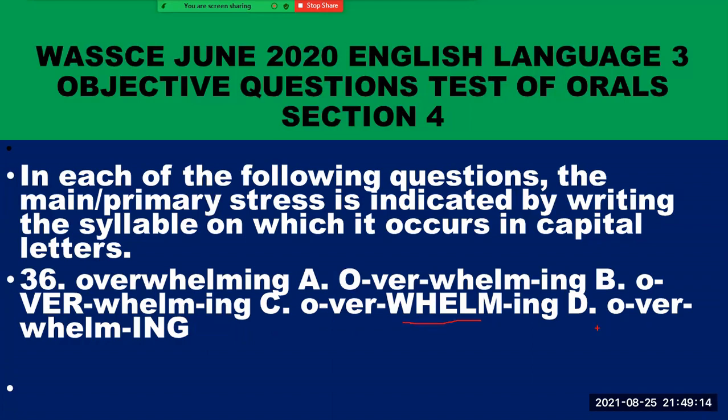Option D is completely out of it. So this is how you answer questions on stress. Of course, if you check the description section, you will find videos that give you a detailed explanation of how to answer questions on stress correctly in the WASSCE English exam.